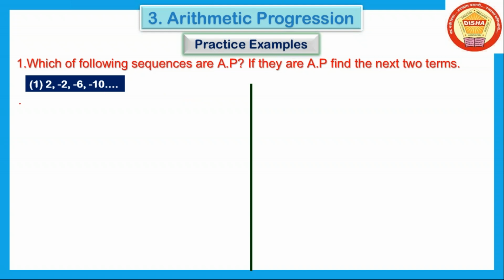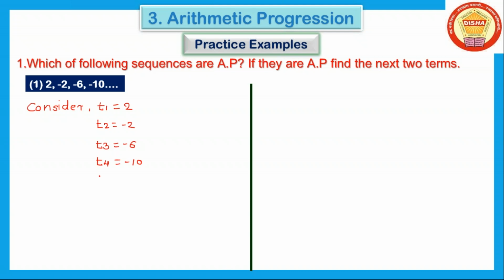For that we first consider all the terms: T1 is equal to 2, T2 is equal to negative 2, T3 is equal to negative 6, T4 is equal to negative 10, and so on.